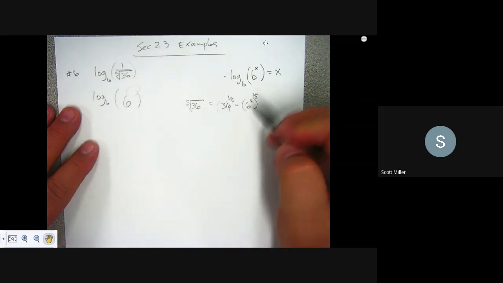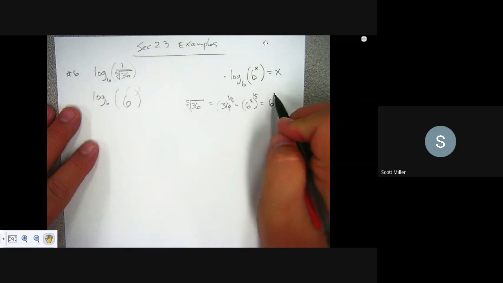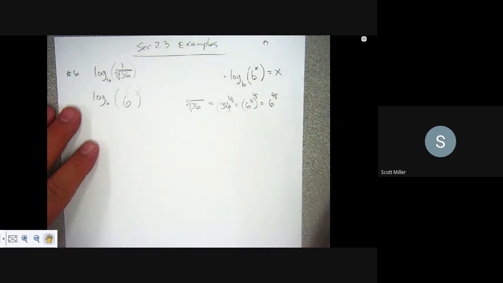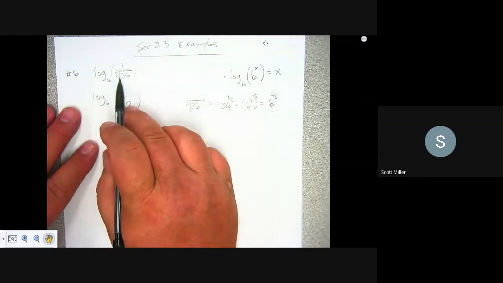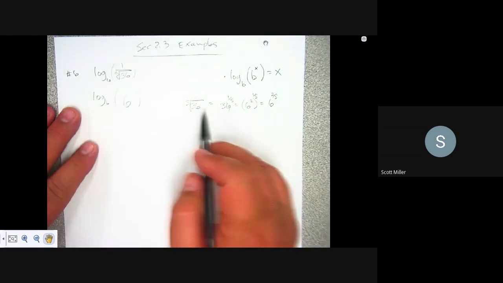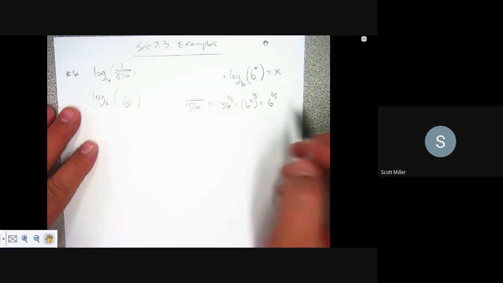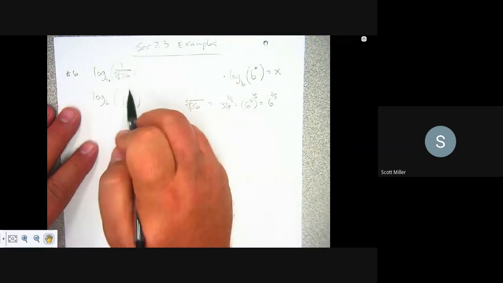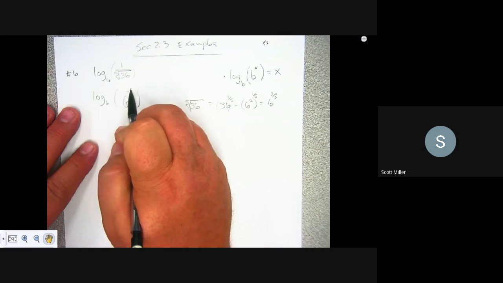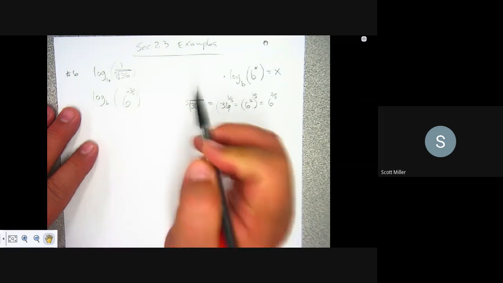A power raised to a power we multiply, so now this is 6 to the 2/5 power. But I had 1 over that, so to bring this quantity to the top of the fraction, I need to make that exponent negative. And so this quantity is 6 to the negative 2/5 power.